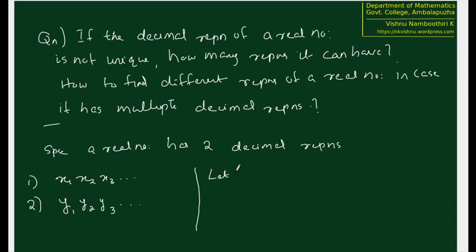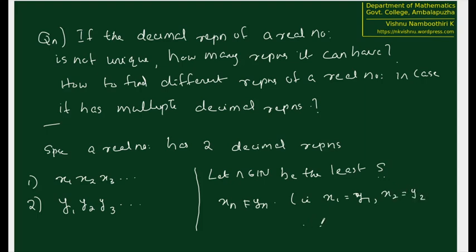Let n, a natural number, be the least such that x_n is not equal to y_n. That means x1 and y1 are the same, x2 and y2 are the same, etc., x_{n-1} and y_{n-1} are equal, but x_n is not equal to y_n. n is the least natural number satisfying x_n not equal to y_n. So we are choosing such an x_n, such a y_n.